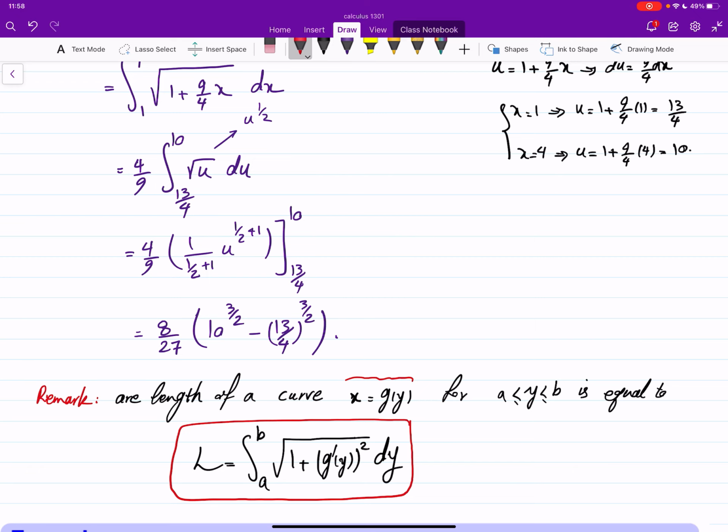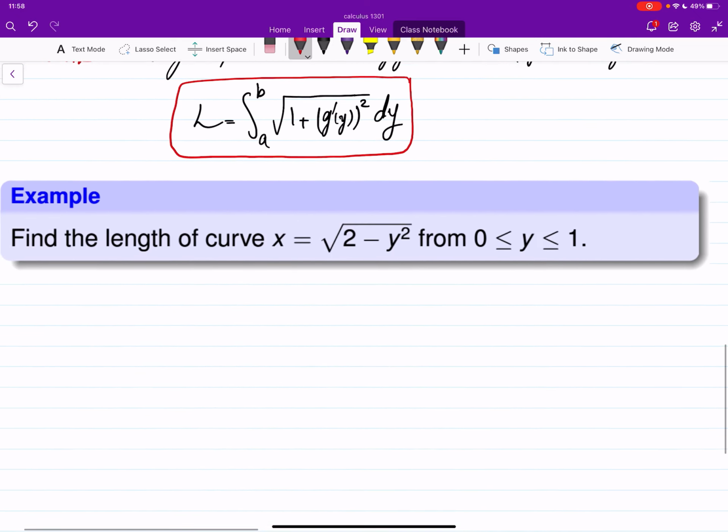Okay, let's do one example here as well. Find the arc length of the curve. This root of 2 minus y squared. So here g of y is 2 minus y squared, the square root.